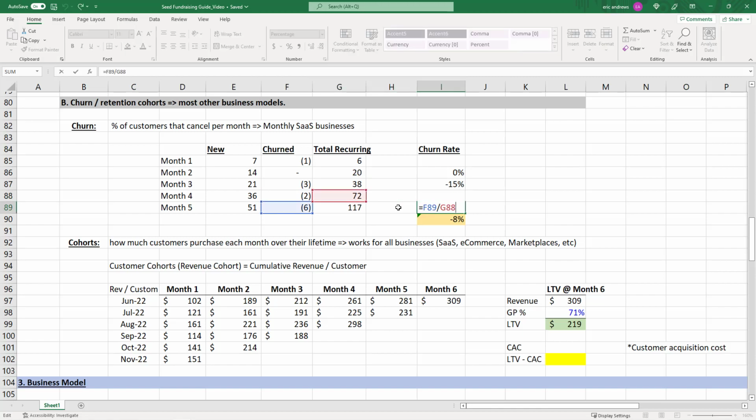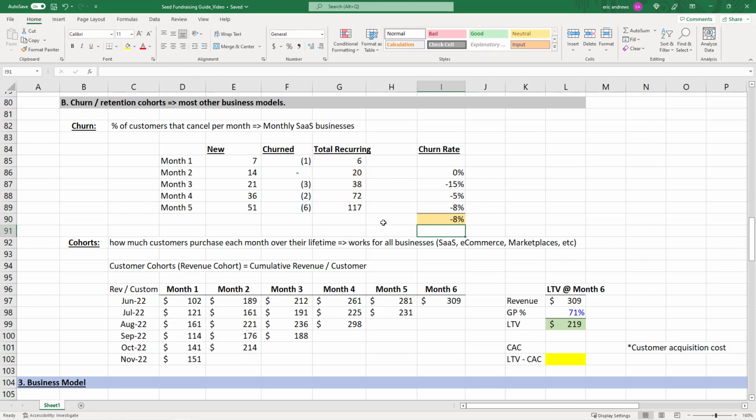In this month, you'd say 6 of the 72 churned. That's 8%. And so you see your churn rate is kind of bouncing around, but overall, your churn rate is 8%. So you can say, in any given month, roughly 8% of our customers churn. And that tells you something, because there are some benchmarks around churn. More than 10% isn't great for a B2C company.